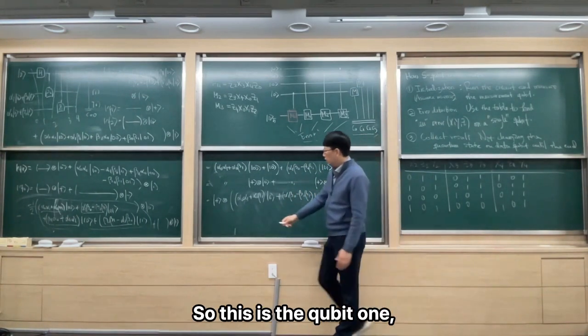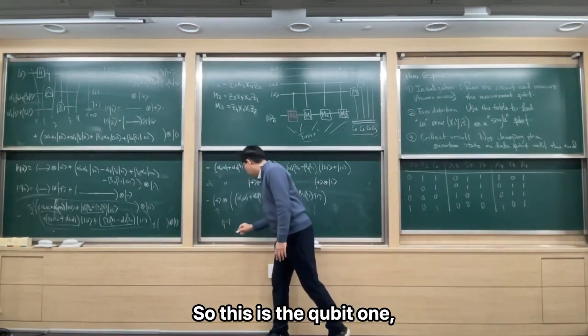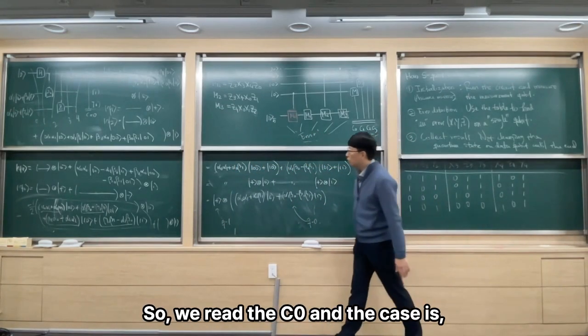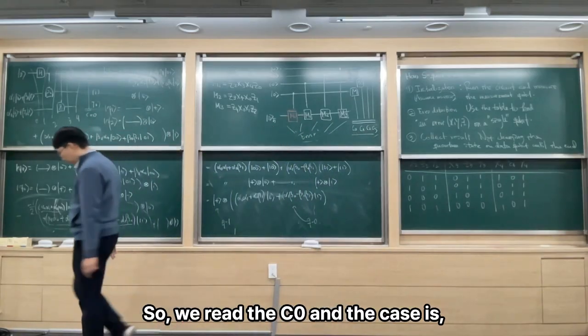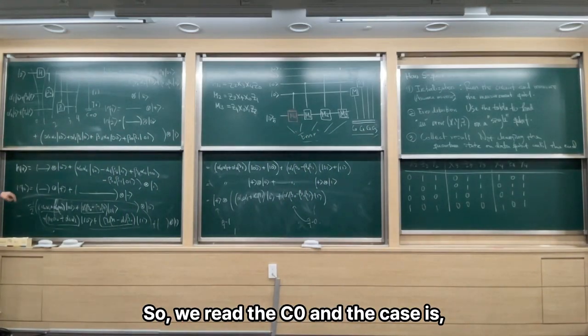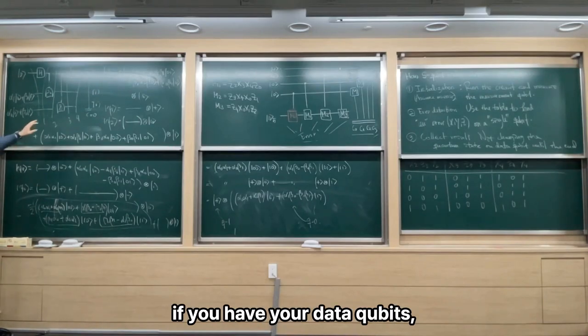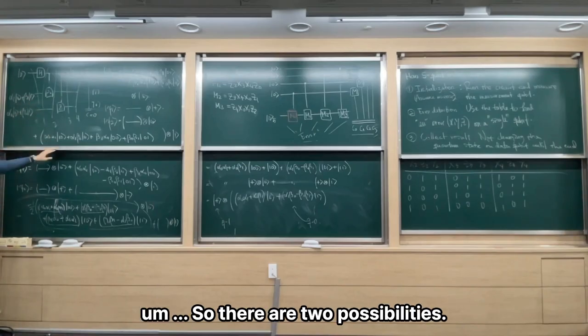Okay, so this is the qubit 1, and this is the quantum state of qubit 0. So we read the C0, and you can get a 0 whenever you have your data qubits.